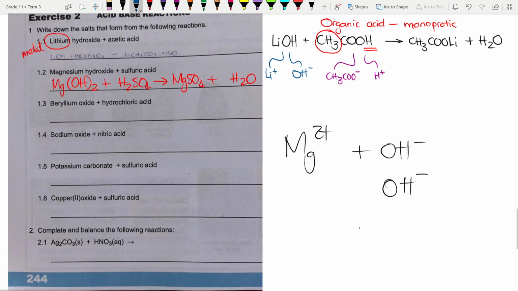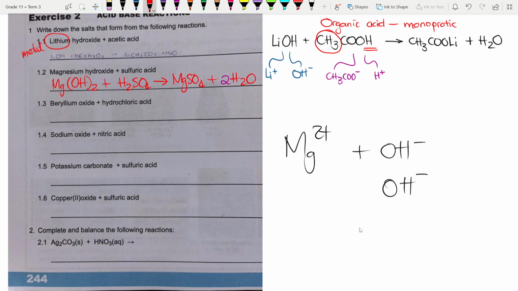The thing that is unbalanced is the water. So I need to multiply water by something. 2, correct. So I needed 2 there to balance it. There we go. The lithium one was balanced already.